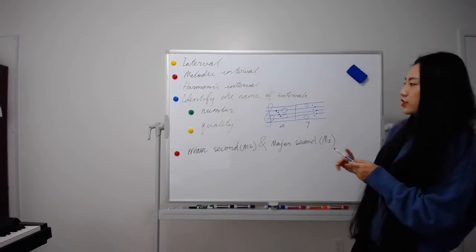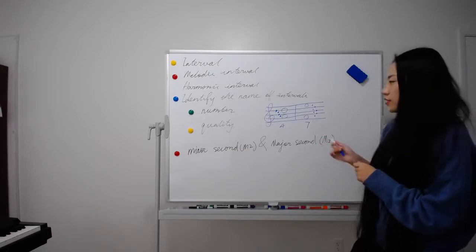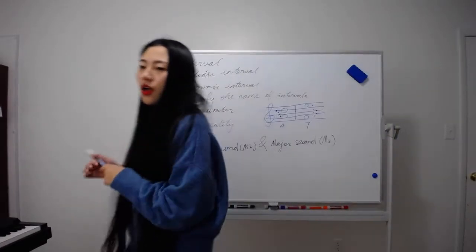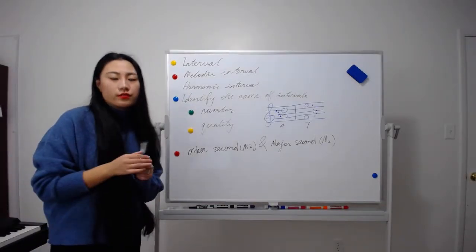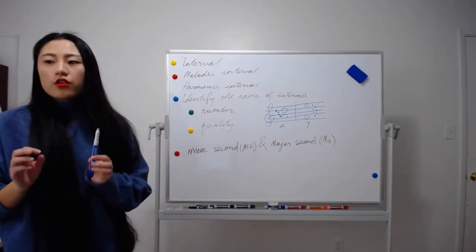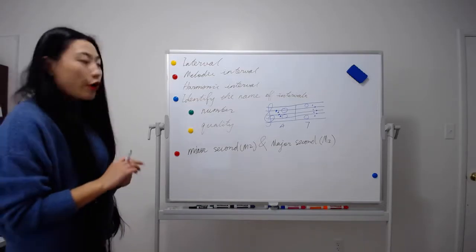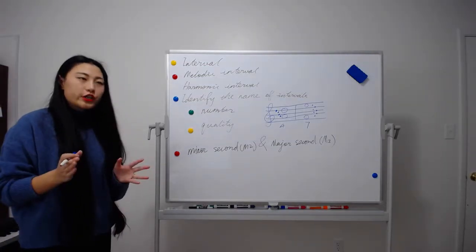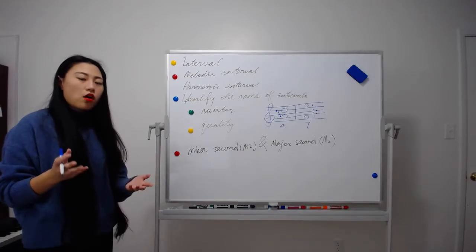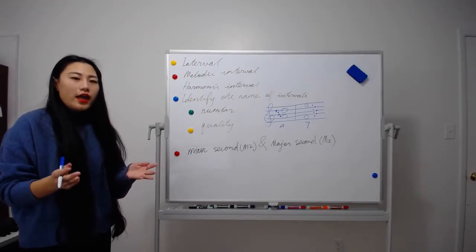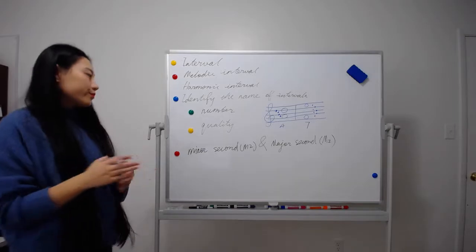Now let's move to the quality of intervals. The quality of each interval is further qualified using the terms perfect, major, minor, augmented, and diminished.